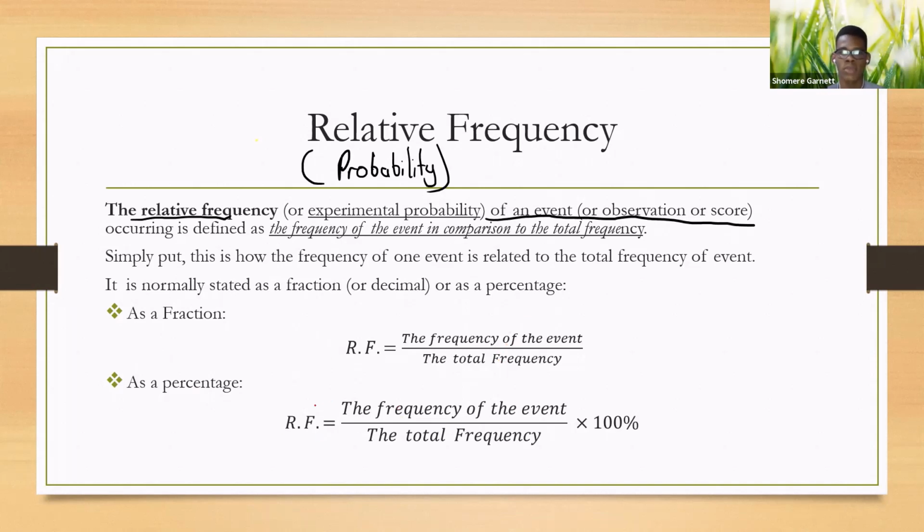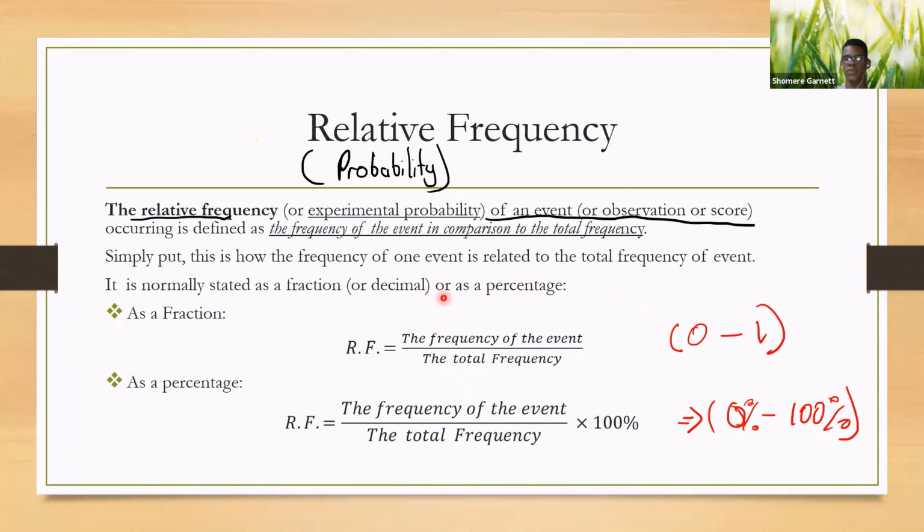Now, one thing to note that's not here is that relative frequency, if you're expressing it as a percentage, can only be between 0 and 100, right? You can't get 120% on a test, usually. Unless you're doing some weird math. So as a percentage, it can only be from 0% to 100%. But as a fraction, it can only be between 0 and 1. For those of you who did probability, you should already know this.